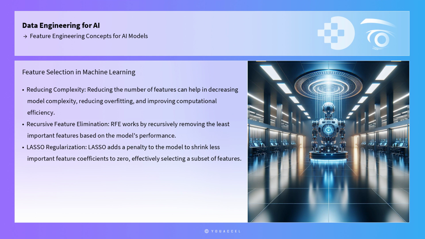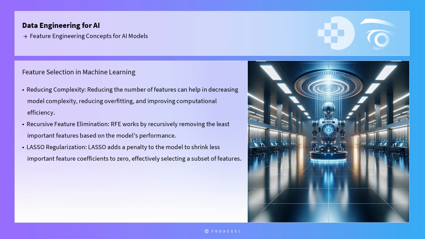Feature selection is the process of identifying the most relevant features for the model. Reducing the number of features can help in decreasing model complexity, reducing overfitting, and improving computational efficiency. Techniques like recursive feature elimination, lasso regularization, and tree-based methods are commonly used for feature selection.